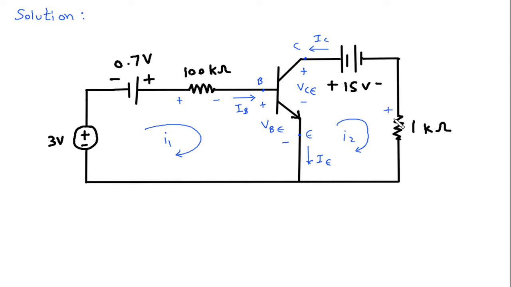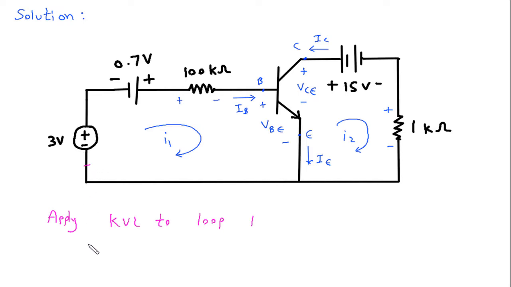Here this will be positive, this will be negative. Now we will apply KVL to loop number 1 here. Let's say we will start from here.